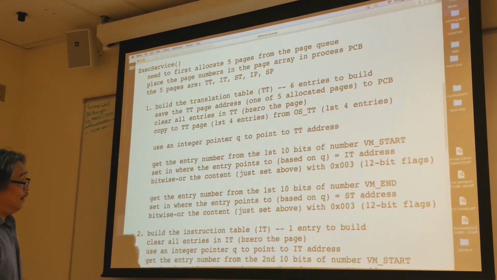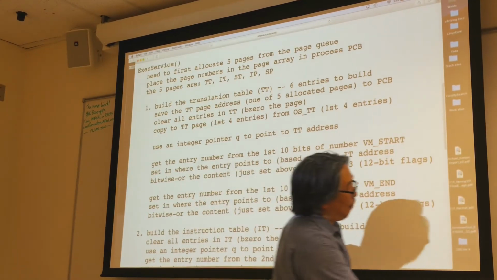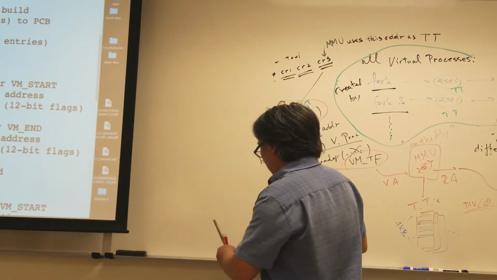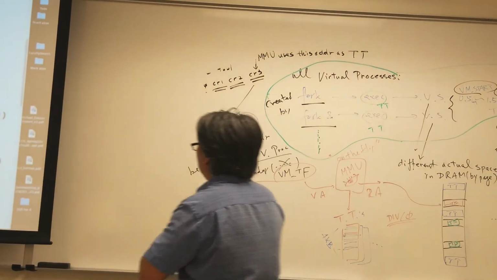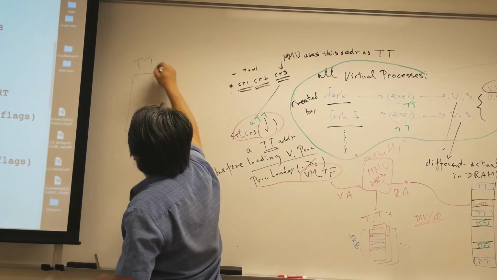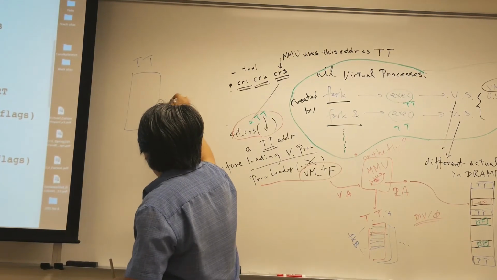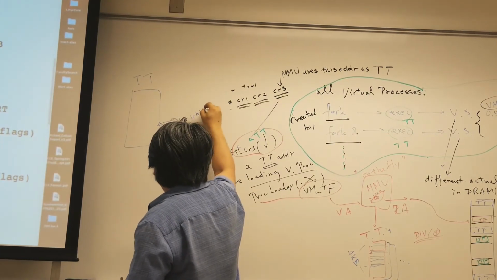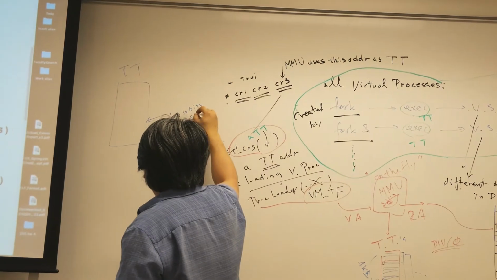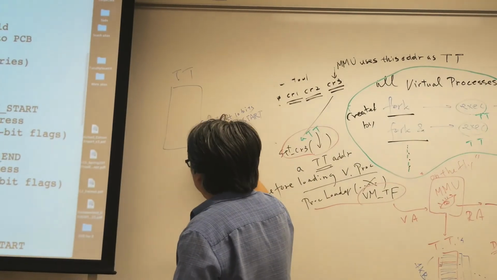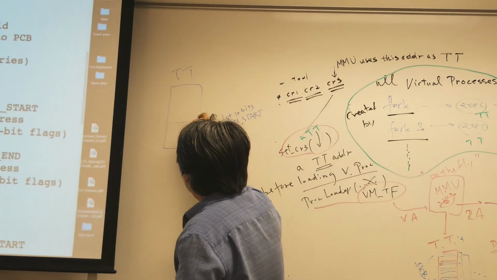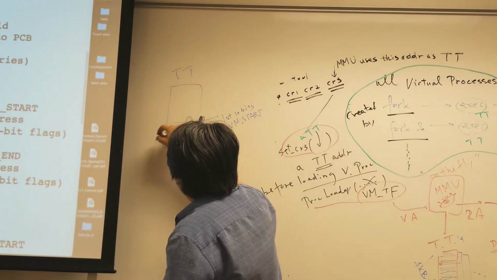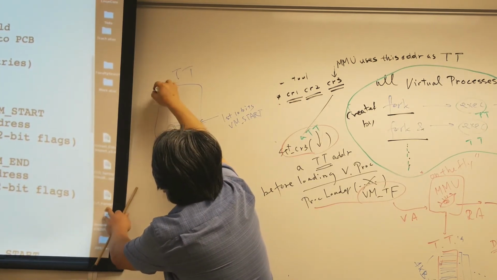So basically, for the main table, we're going to take the first 10 bits of VM start as the index into the entries. The 10 bits are in the range of 0 through 1023.